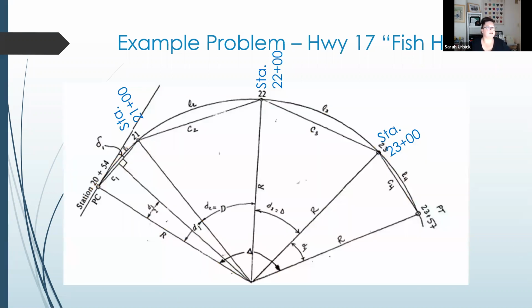So typically with horizontal and vertical curves, we break it into stationing. What's the breakdown for stations? You can use the chat, unmute. Perfect.